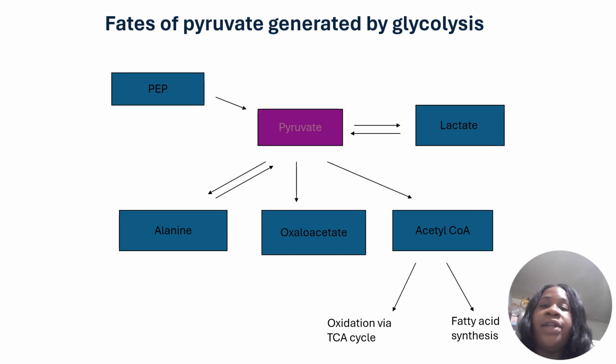So then you have gluconeogenesis, where pyruvate can also serve as a precursor for the synthesis of glucose from non-carbohydrate precursors. In this pathway, pyruvate carboxylase converts pyruvate into oxaloacetate, which is then converted into phosphoenolpyruvate, PEP, by PEPCK.